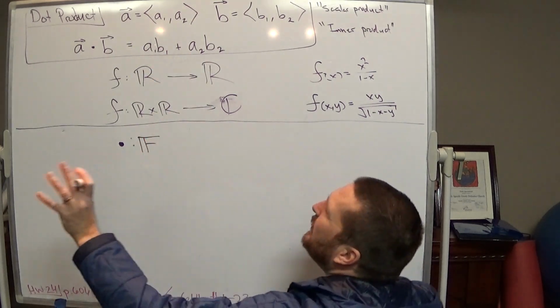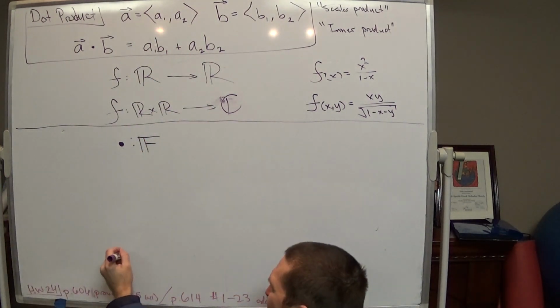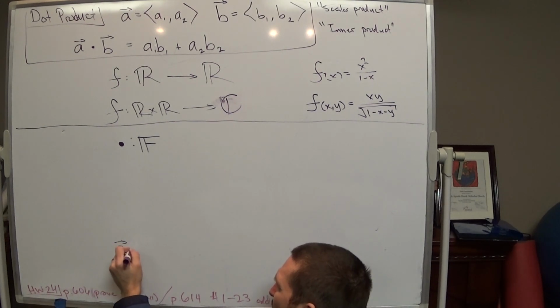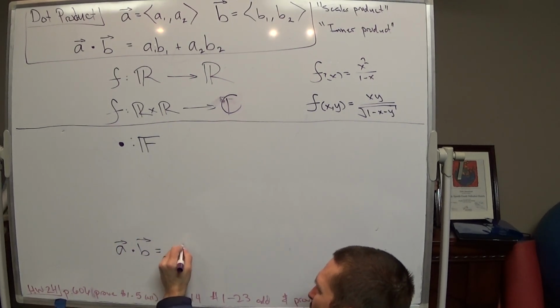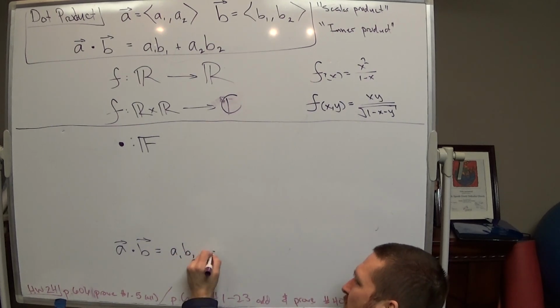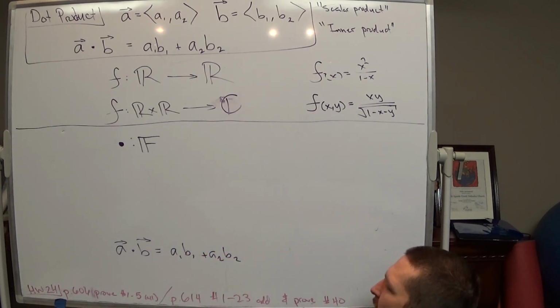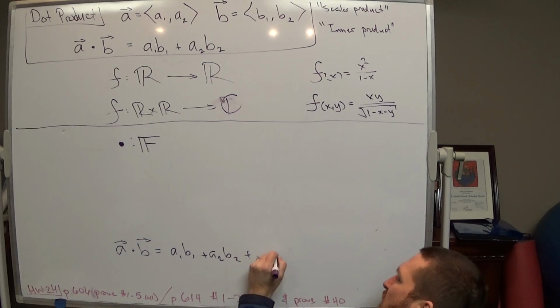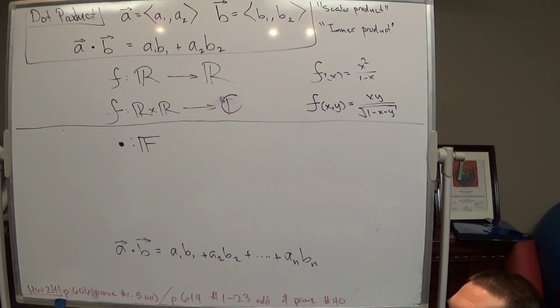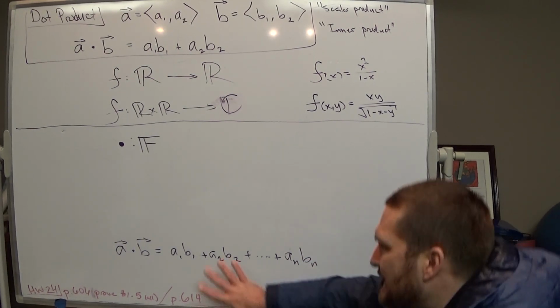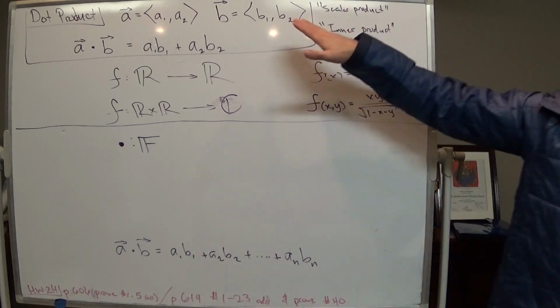If you have any dimension of vector, A dot B, what you would do is take the first entries and multiply them together. Then you'd take the second entries and multiply them together. Then the third entries, the fourth entries, the fifth entry, all the way down to the last entry, and you would just multiply them together. So this works in any dimensional space. That is what a dot product is.